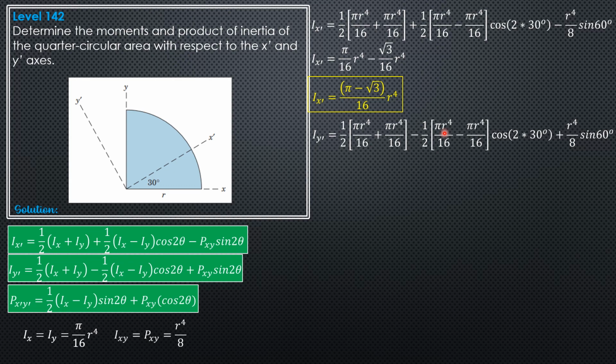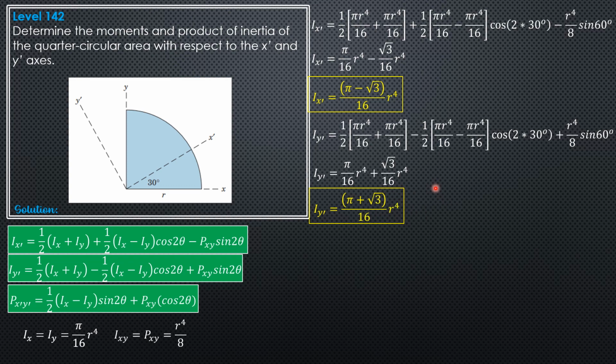So the second term is 0, the first term is pi r4 over 16, the third term is square root of 3 over 16 r to the fourth. So Iy prime equals pi r4 over 16 plus square root of 3 over 16 r to the fourth. Factoring out r to the fourth over 16, Iy prime is quantity pi plus square root of 3 r to the fourth over 16.